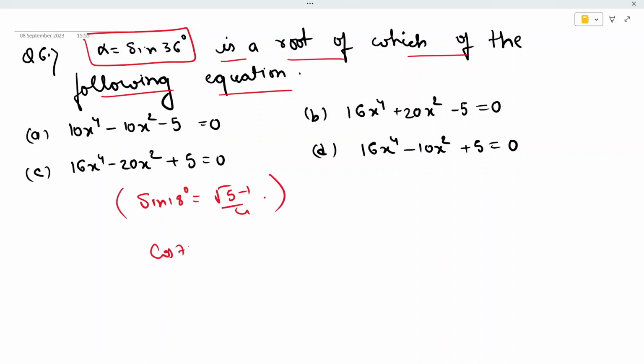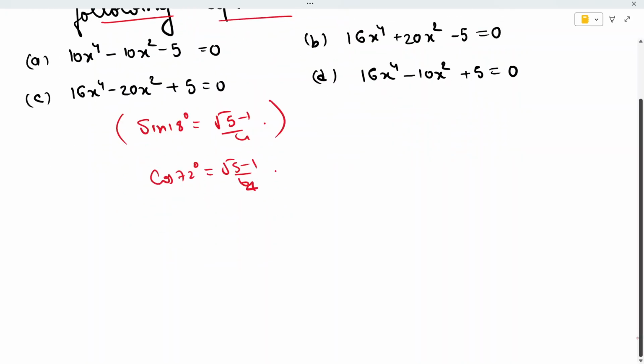So this is equal to cos 72 degree. We know that it is root 5 minus 1 by 4. Now, we know cos 2 theta in terms of cos square theta is 2 cos square theta minus 1.